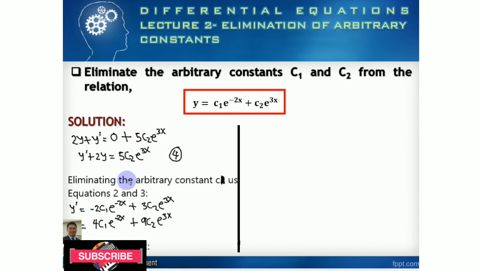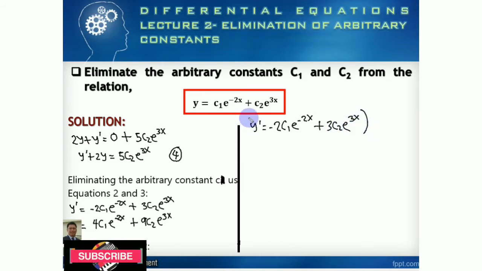So this is times 2, so we have y prime equals negative 2 C1 times e raised to the power of negative 2x plus 3 C2 times e raised to the power of 3x.